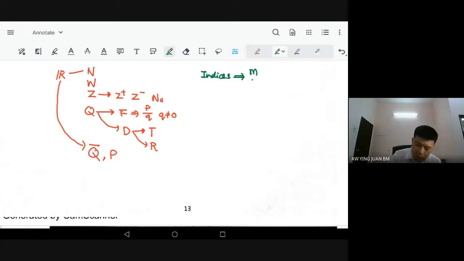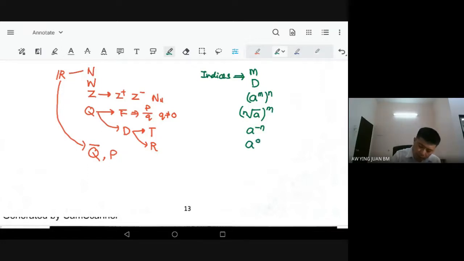Number 2, dividing. Number 3, the power. Okay, the rising power. Next, we have fractional. Betul? We have fractional. Then we have negative. Then we have the power of 0.